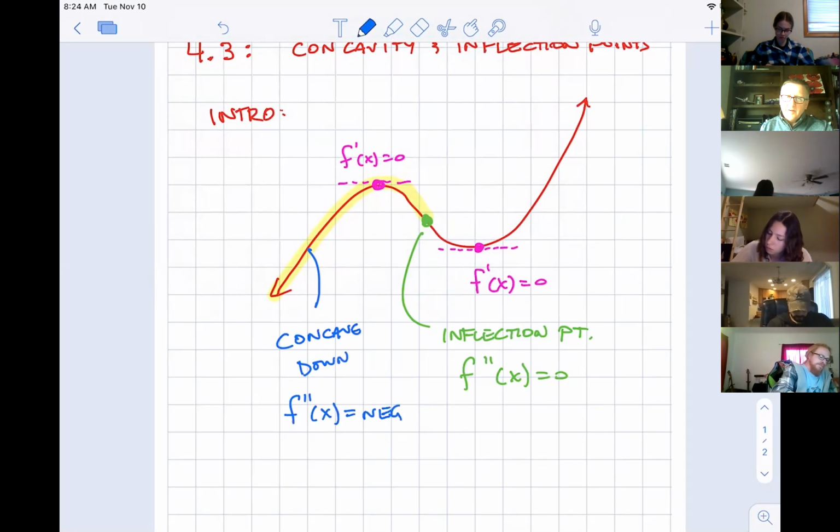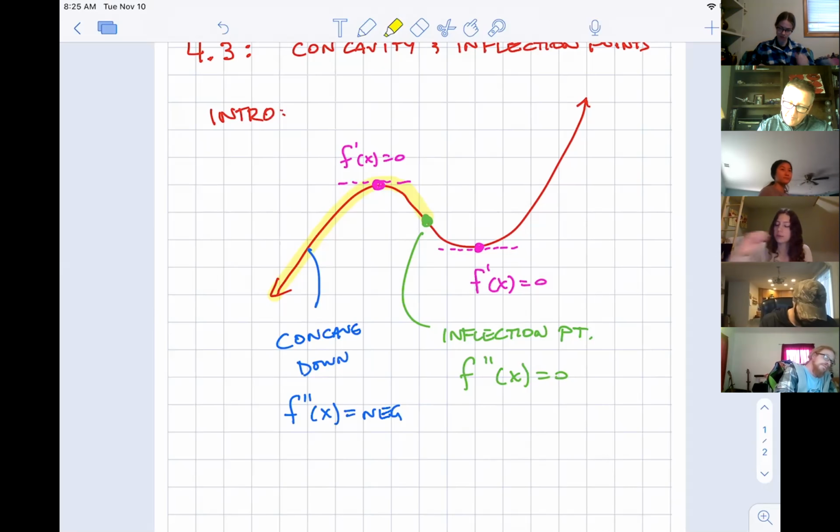In other words, things are getting worse. The prediction is your slope is going to get smaller and smaller and smaller. So that's telling us it's concave down. Any point in that yellow area, if you stuck an x value in for that, you'd get a negative number.